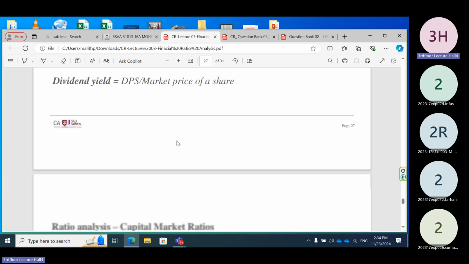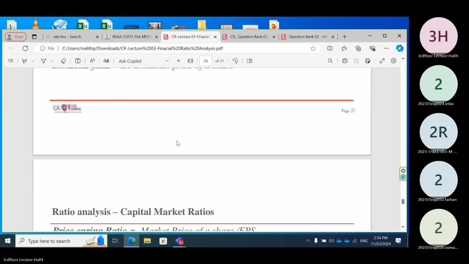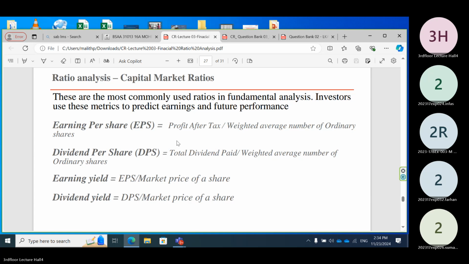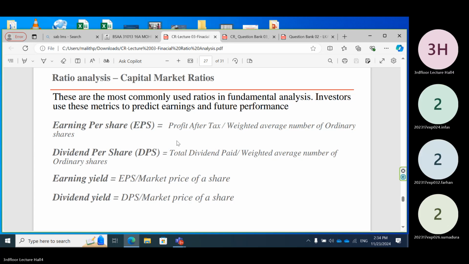Next session about other financial analytics. Right, capital market ratios.